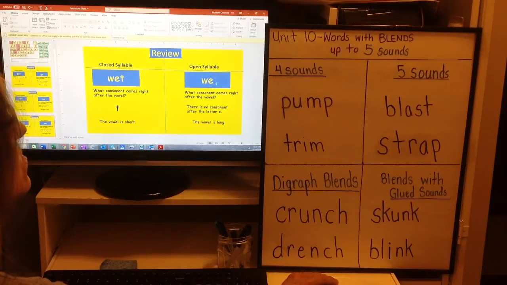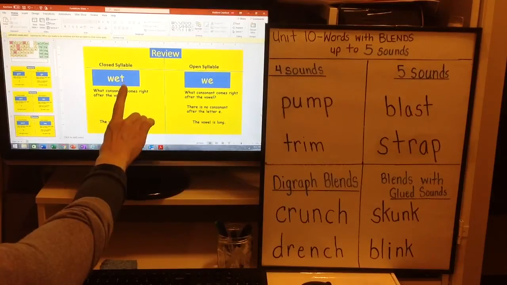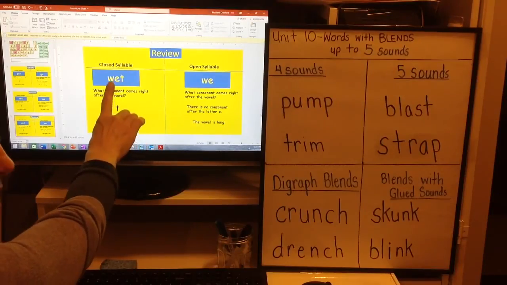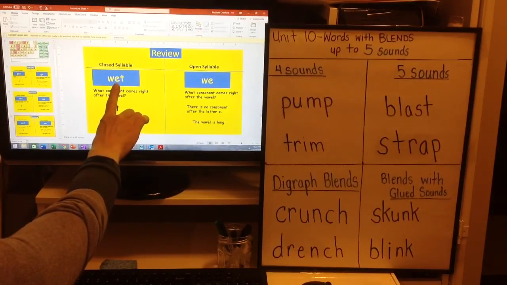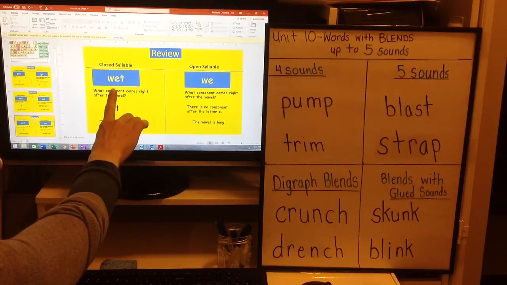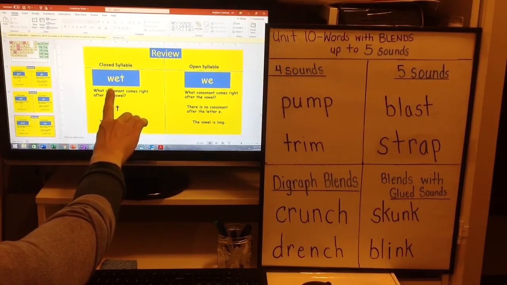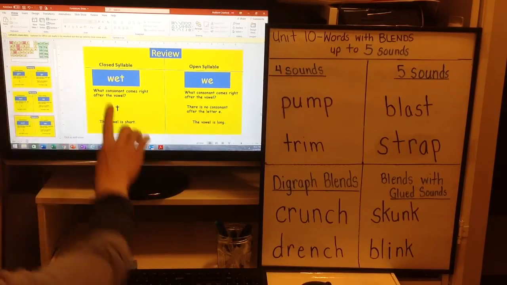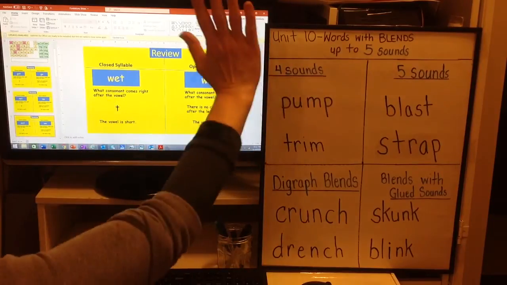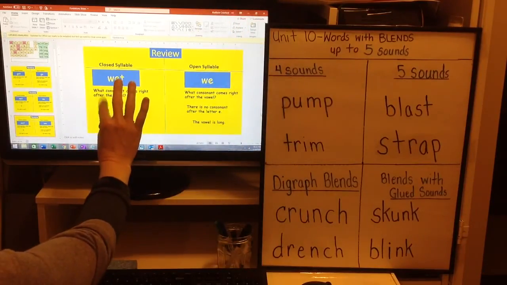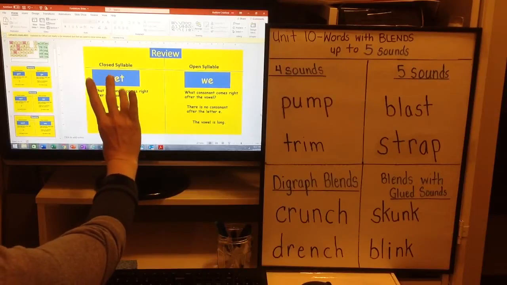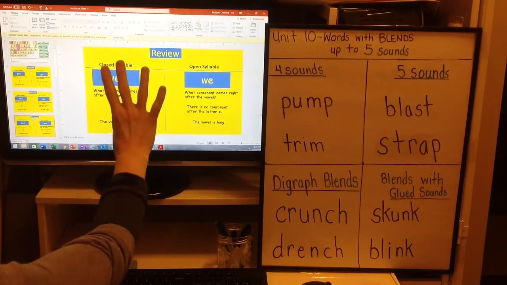So there's no consonant closing in that vowel like there is right here. So what should this vowel sound be, long or short, if it's a closed syllable? That's right, short. So let's tap this word out together. Ready? Elbows up. W, e, t, wet.